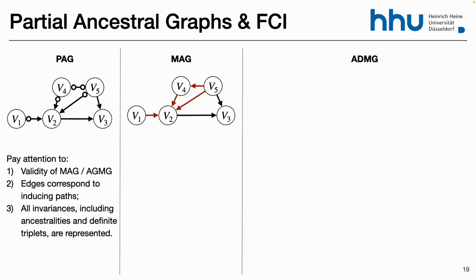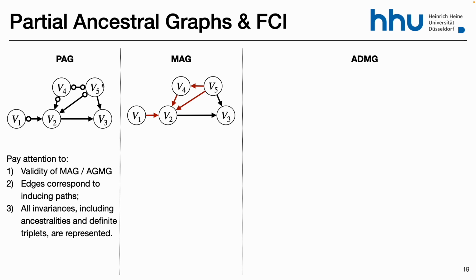I have to convert the circles into whatever I want, as long as I'm not creating violations. So for example, I can put a tail on V1. I can put a tail on V5 from V5 and V2, and V4 to V2 can be a tail as well, and then I can decide which direction I have here between V5 and V4, as long as I'm not creating a cycle or something like this, or almost a cycle, right?